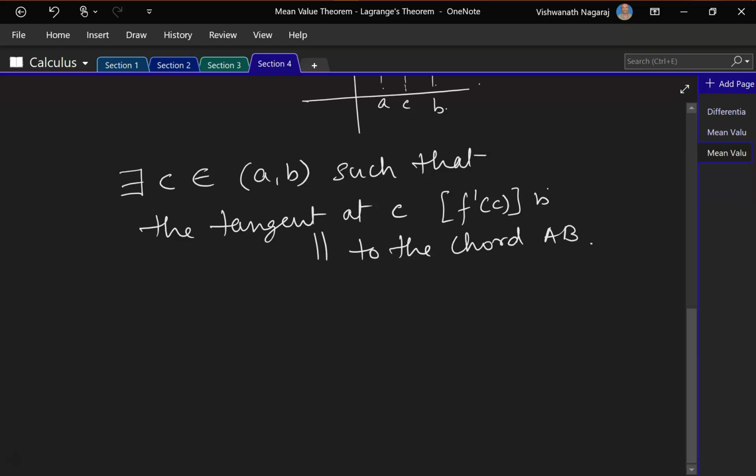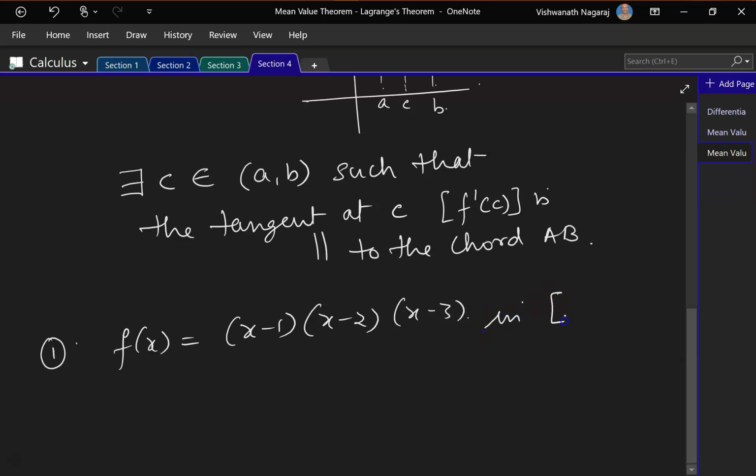Now let's see how to apply this. Let's say f of x is equal to (x - 1)(x - 2)(x - 3) in the closed interval [0, 4]. Let's simplify this. (x - 1) let it be as it is, so x square minus 5x plus 6.